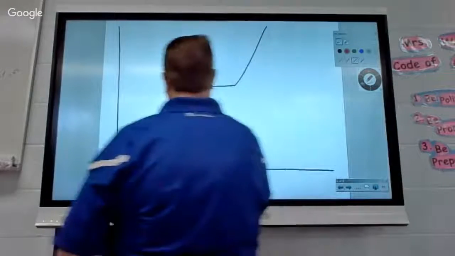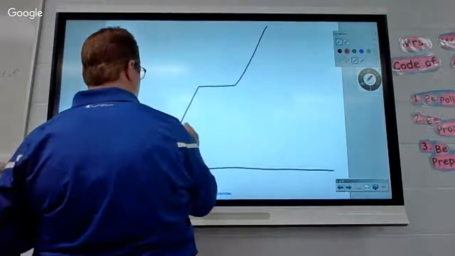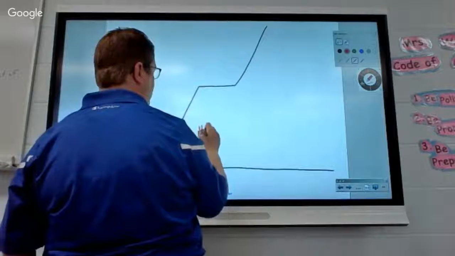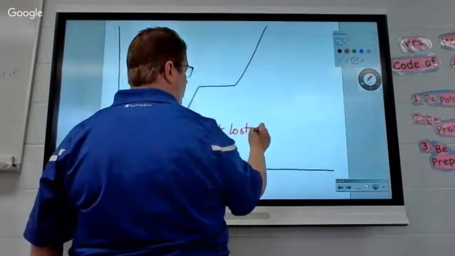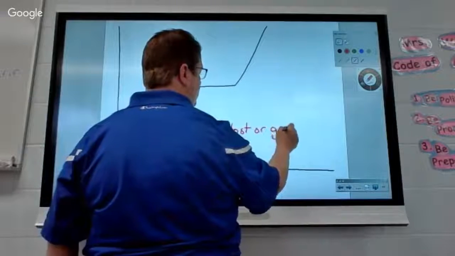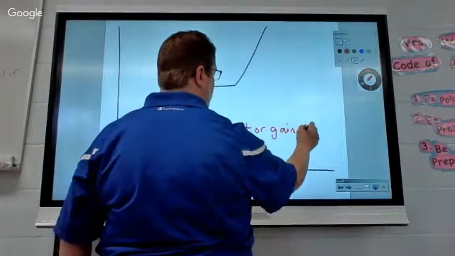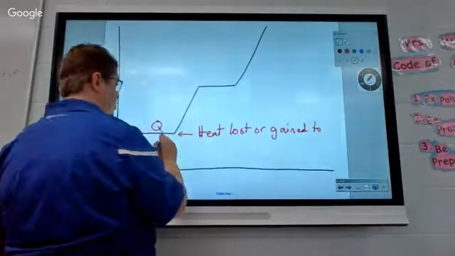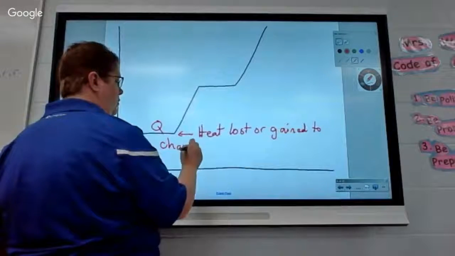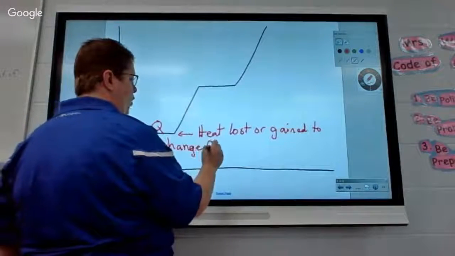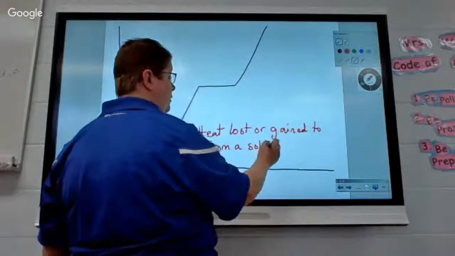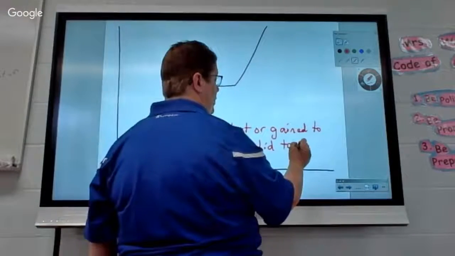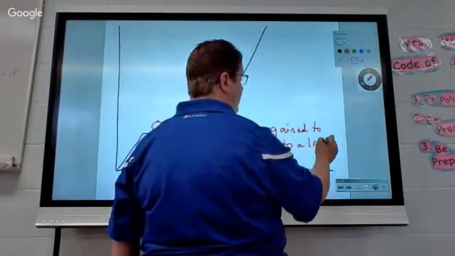All right, so this Q is the heat lost or gained to change from a solid to a liquid.